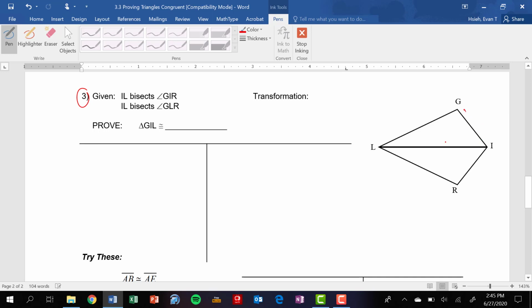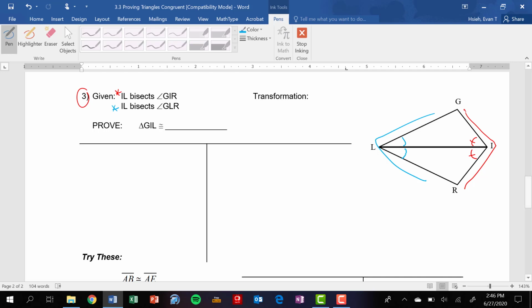And I know that this angle is bisected or chopped in half by segment IL, which means that this angle is congruent to this angle. And so that's this one here. And I know that IL bisects GLR, so it chops this angle in half. So I know that this angle is congruent to this angle.